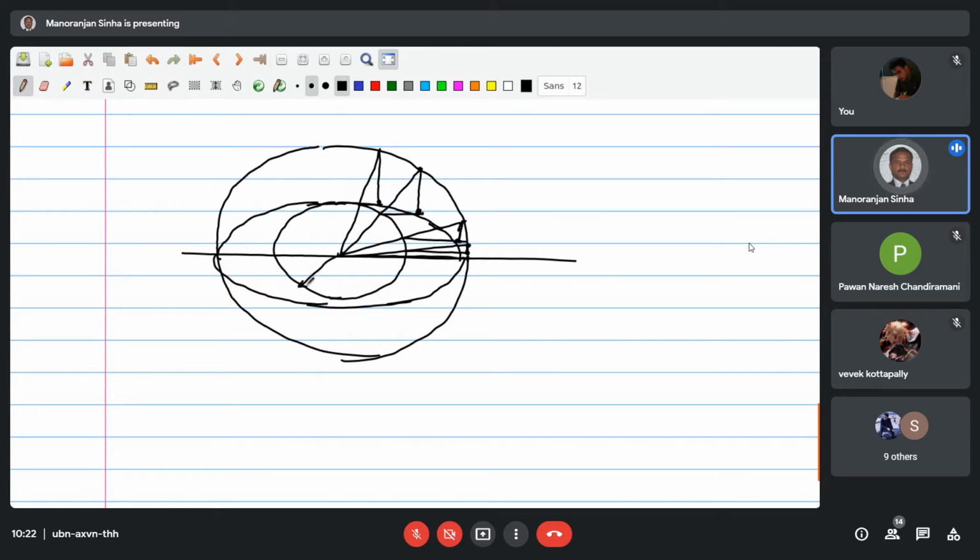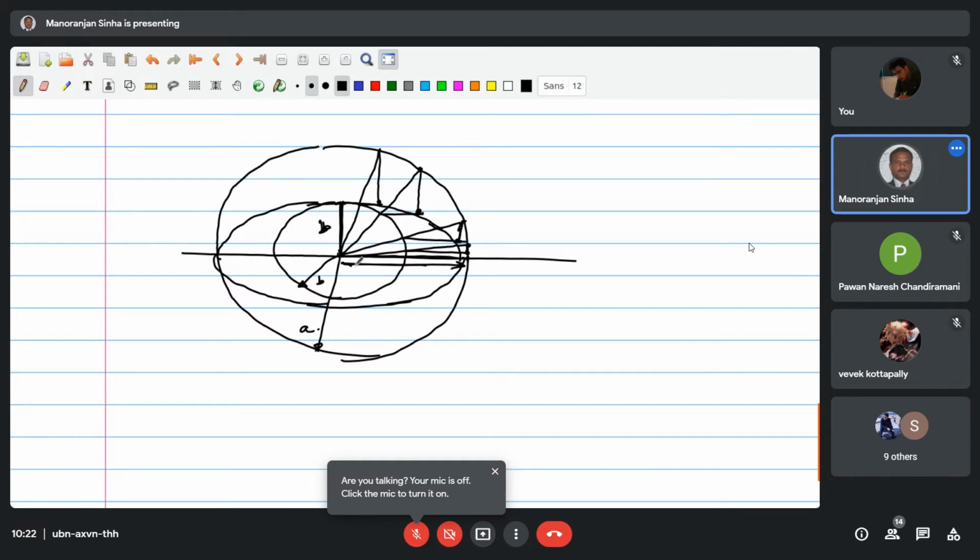So if this radius is b and this radius is a, immediately you can see that the semi-major axis of the ellipse will be a and the semi-minor axis will be b.